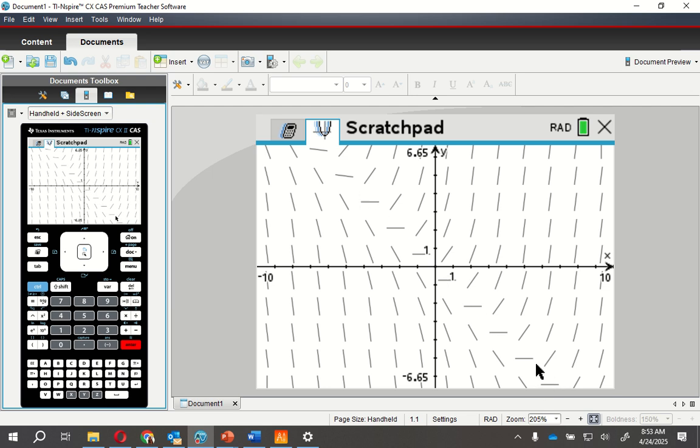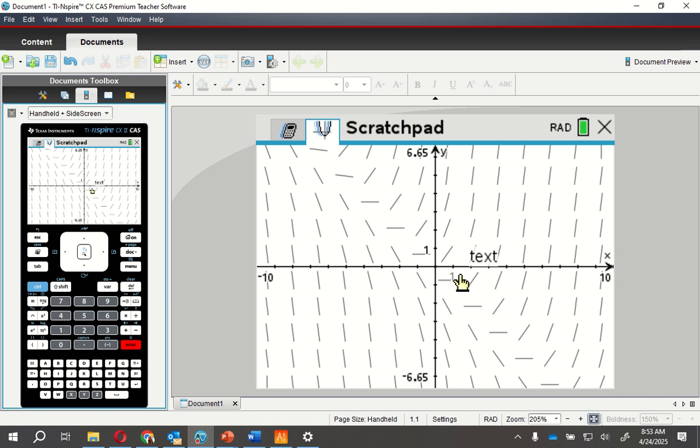There is a flat spot right there, right? That flat spot means that the slope is 0 at those points. So here and here, that's going to give me a slope of 0. That means the x and y cancel out at that coordinate, right? Whatever my x is going to subtract from my y, or either way.